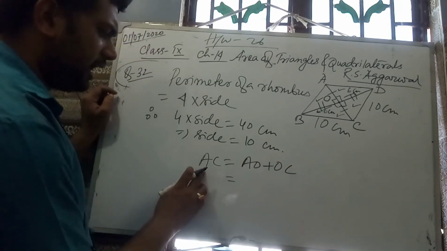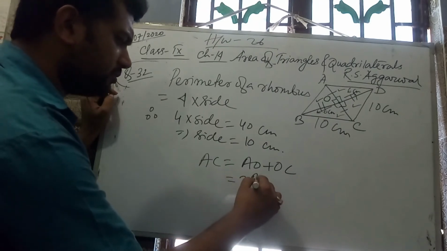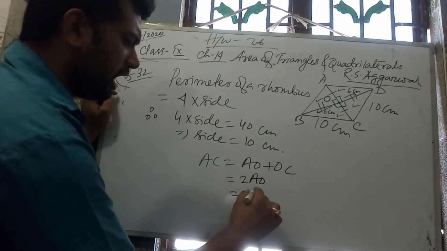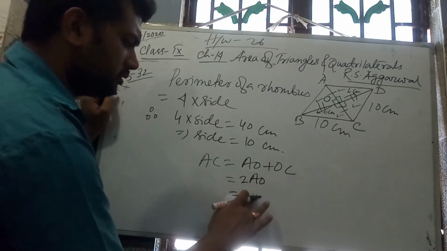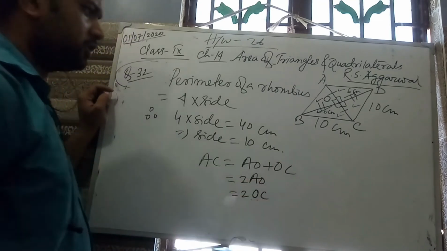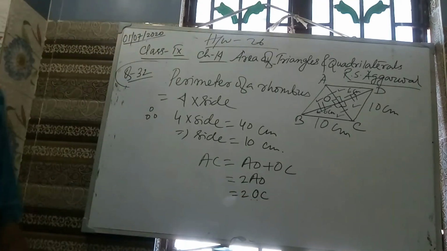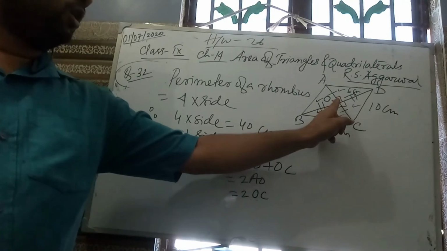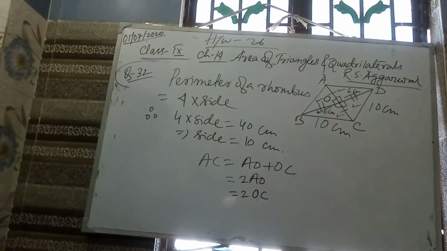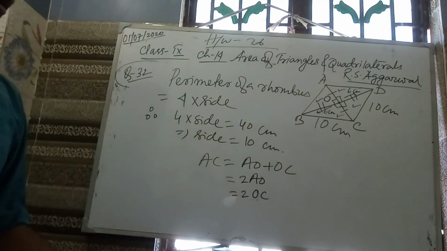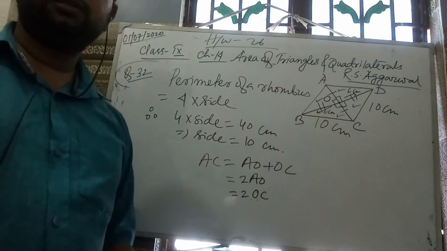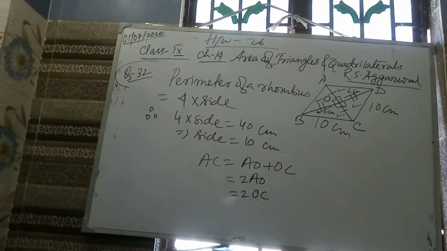So we can write either AC equals 2 times AO or 2 times OC. If we can find out the value of either OA or OC, we can easily find out the value of AC.